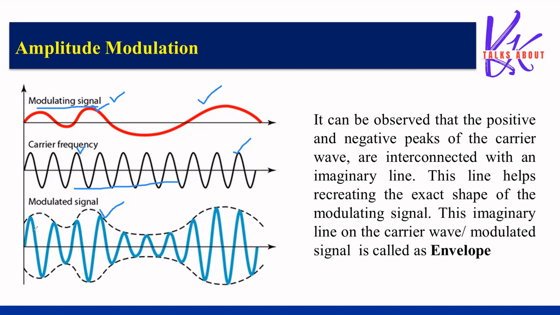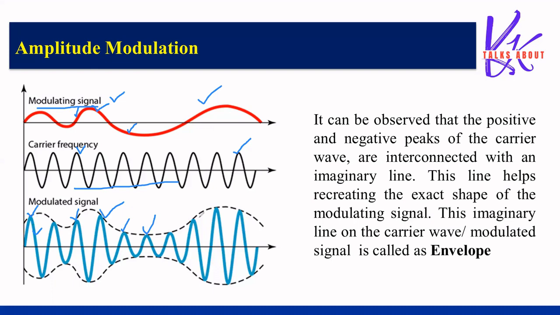That means the frequency of your carrier wave is not going to change, but the amplitude of your carrier at each and every instance will be the same as that of your information signal. You can see here, the modulated signal contains two envelopes with an imaginary line.